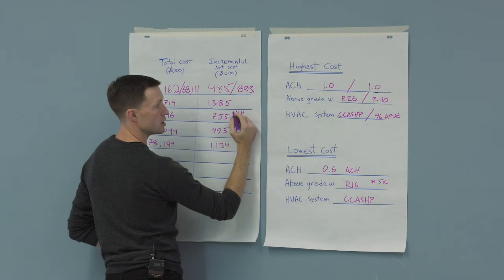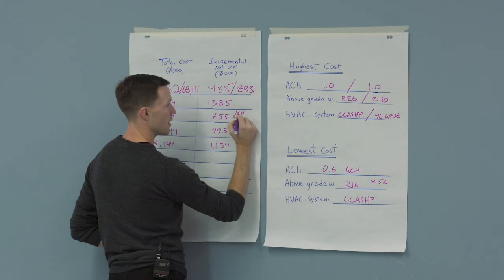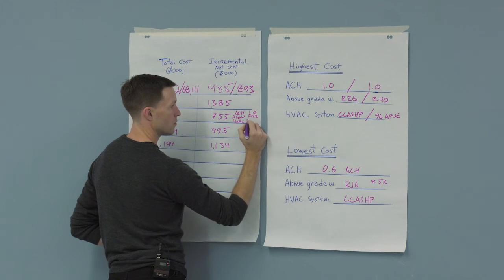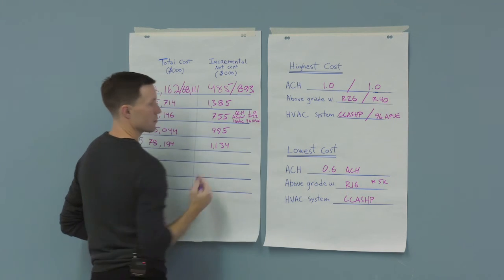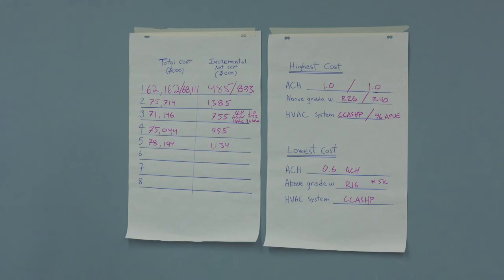Just the ACH, the above grade wall value, and the HVAC system, if you have them. So at 1 ACH, R22 above grade wall, and 96% natural gas. Okay, so the two lowest solutions without incentives favored a gas furnace for cost to operate.